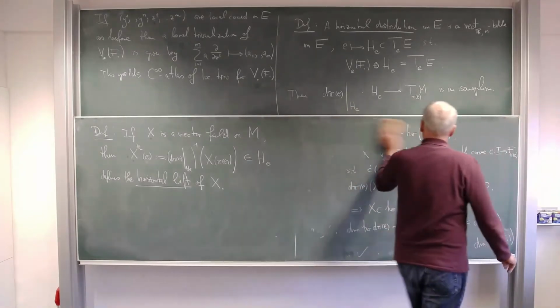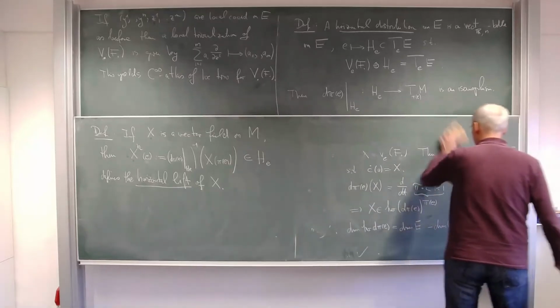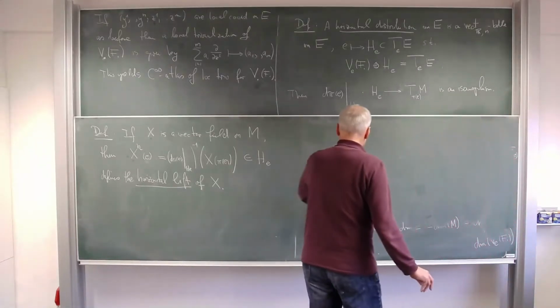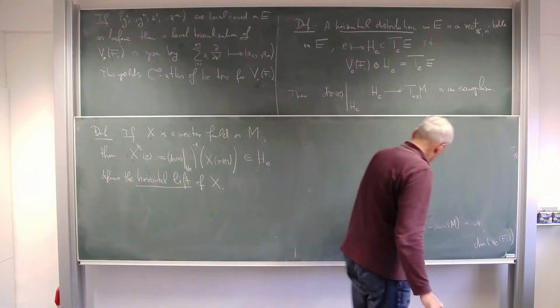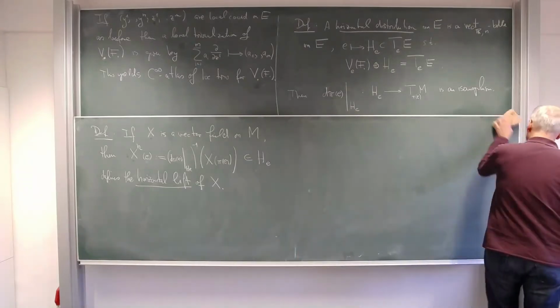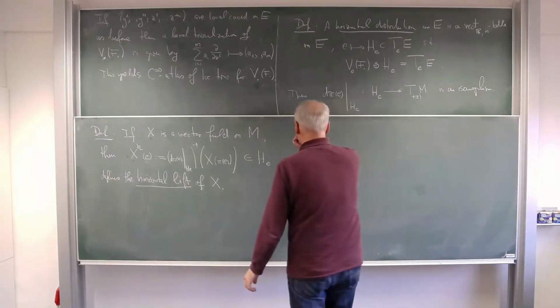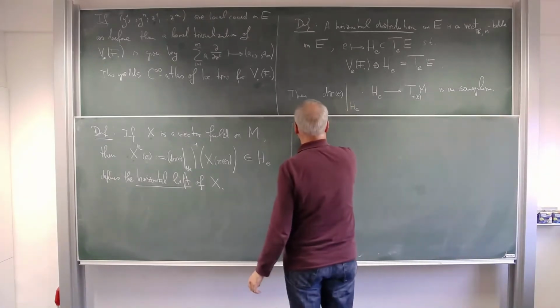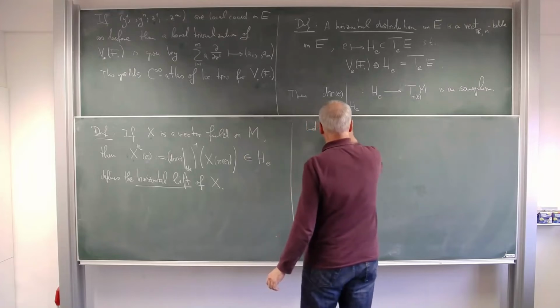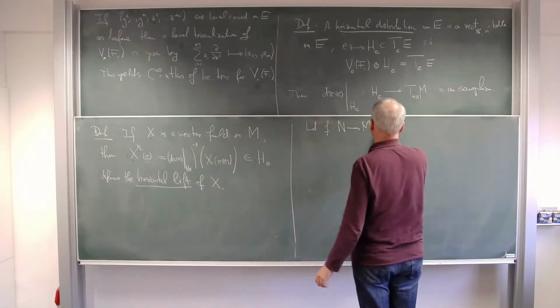Now, the next thing we want to observe is we can pull back such horizontal distributions along smooth maps. And this goes as follows. So let F from N to M be a smooth map.